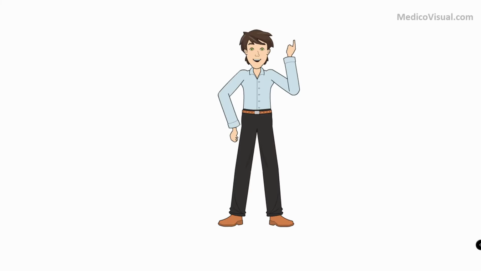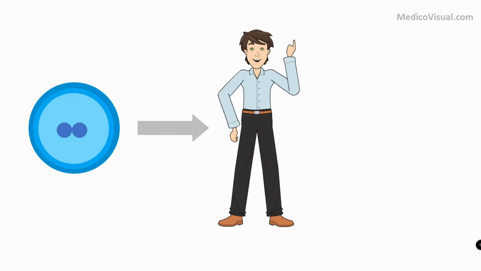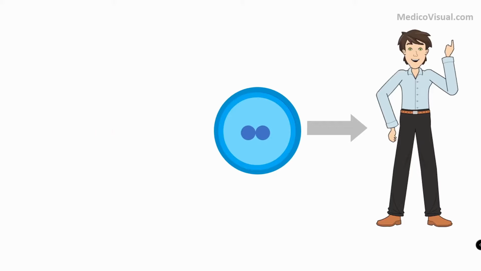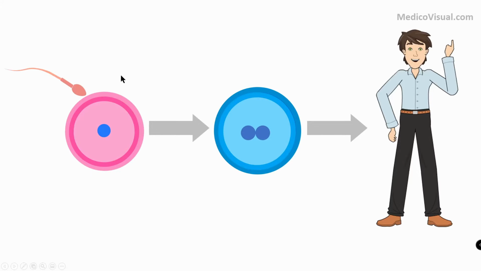A human consists of about 200 trillion cells. And this multicellular organism, made up of that many cells, originates from only a single cell. This single cell, from which the complete organism originates, is formed by fusion of male and female gametes, the male gamete sperm and the female gamete ovum.